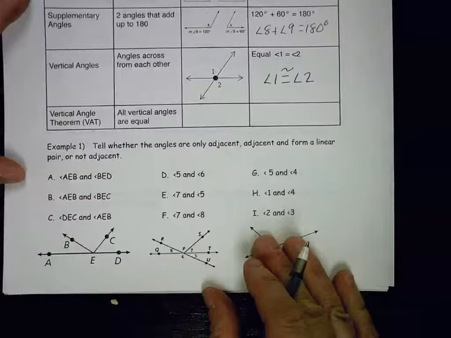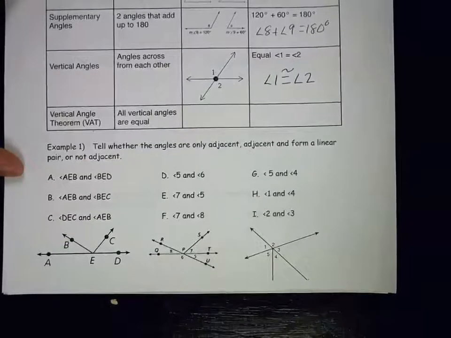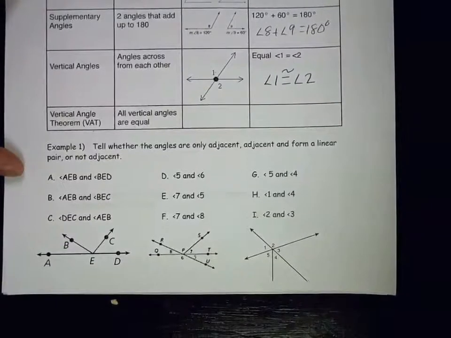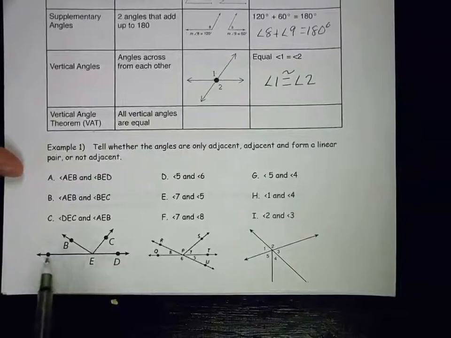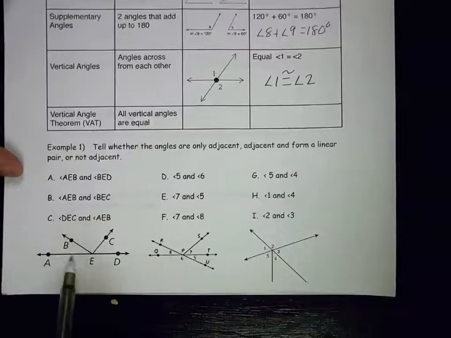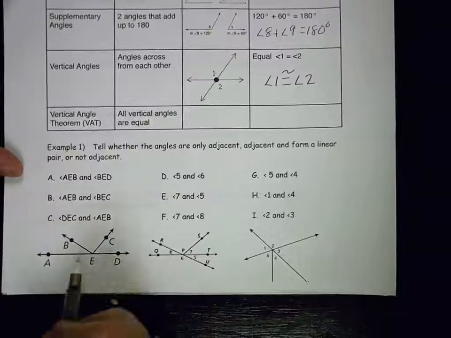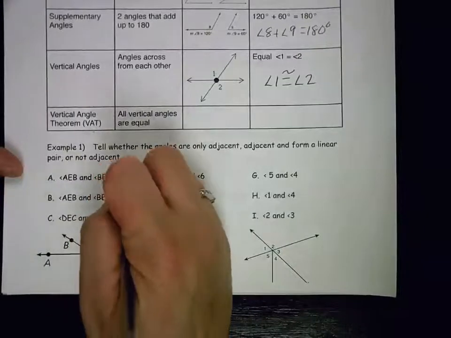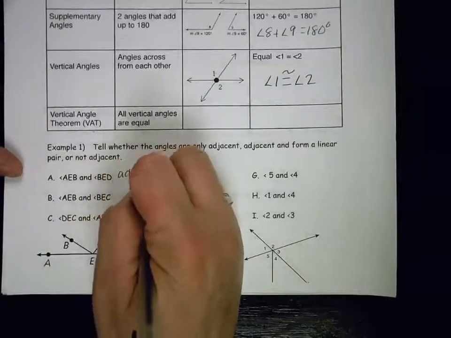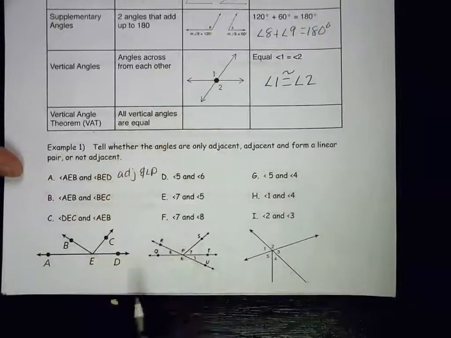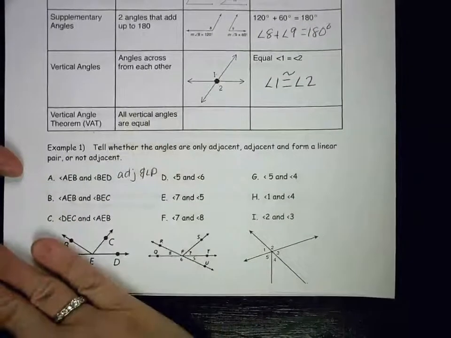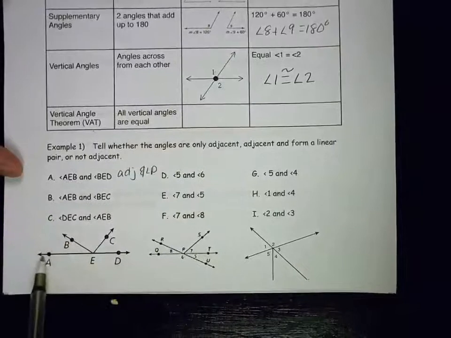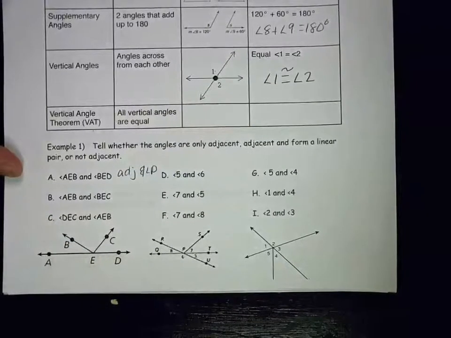And as we start out here, we need to say whether they are adjacent, whether they share a side, adjacent and form a linear pair, or not adjacent. AEB and BED, so those are adjacent and form a linear pair. AEB is the first angle, BED is the second, and when you put them together, they make this linear pair.